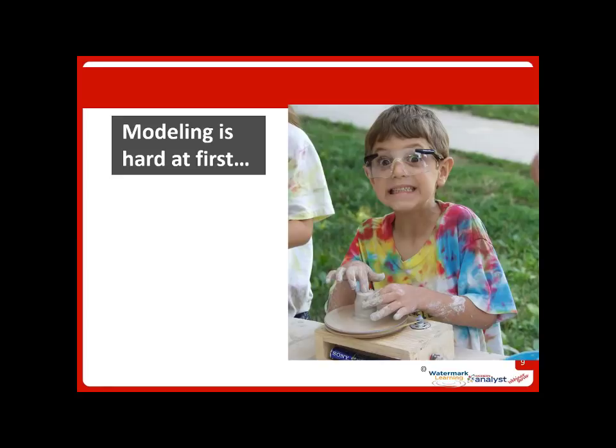It's hard at first. I remember my struggles with doing data modeling. I'd never done it before. And I was at my desk minding my own business, happy in my job, when a recruiter called me. And he said, "Elizabeth, do I have a job for you?"